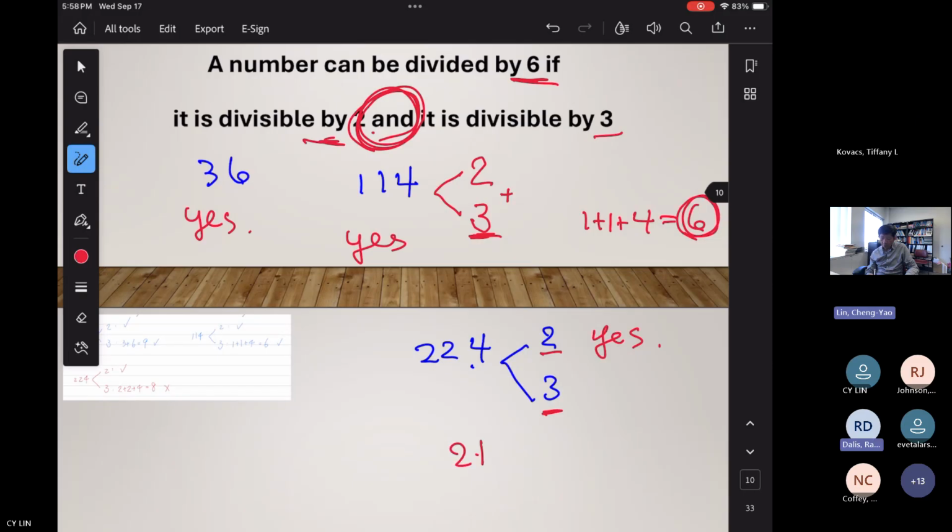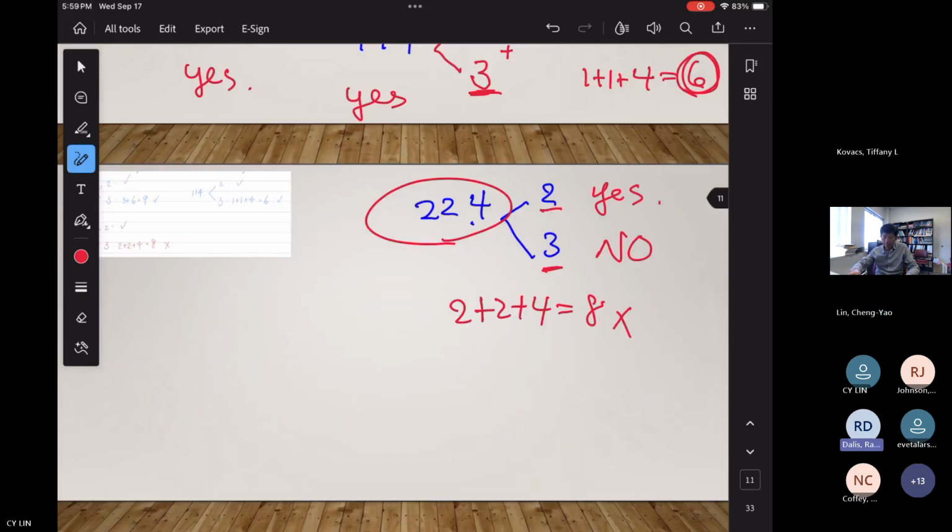No, because 2 plus 2 plus 4 equals 8, and 8 is not divisible by 3, so no. Therefore, this number is not divisible by 6. Does that make sense to you? How to determine if a number is divisible by 6, yes or no? Yes, now I know. All right.